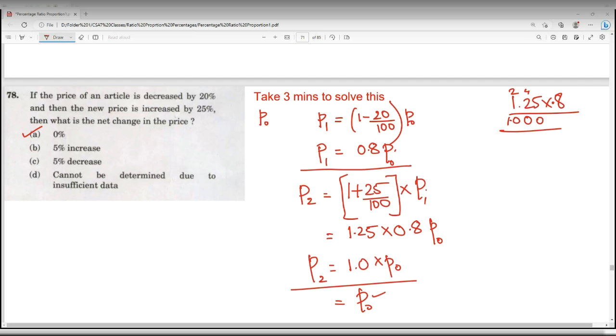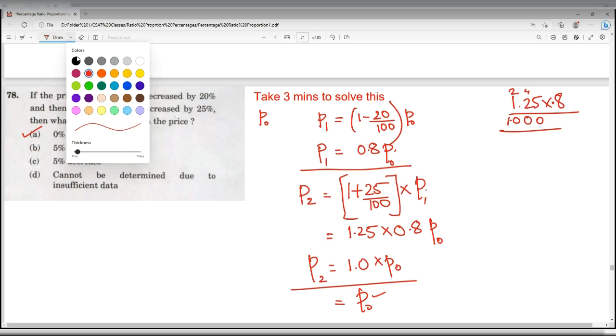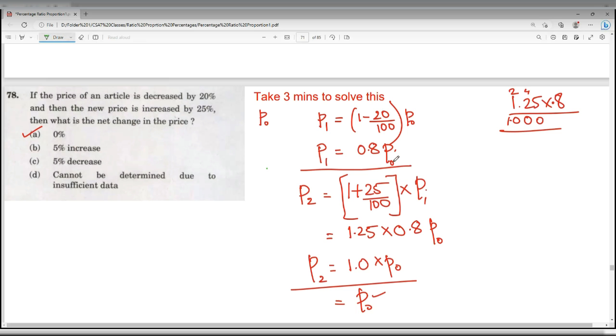But sir, why do we multiply 1.25 into 0.8? See, earlier they decreased the price by 20%, so P1 is 0.8 into P0. For example, let's take it as 100 rupees.